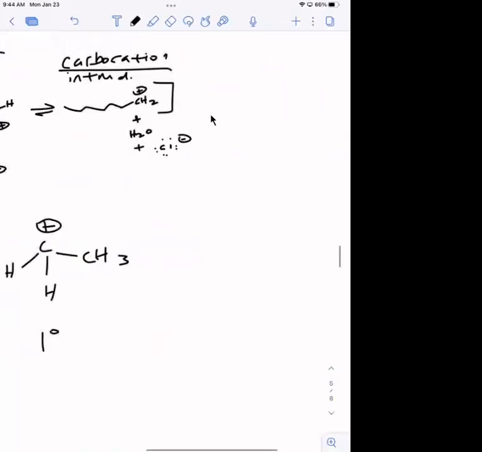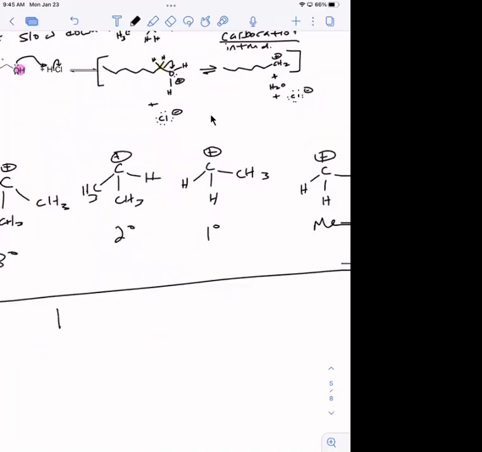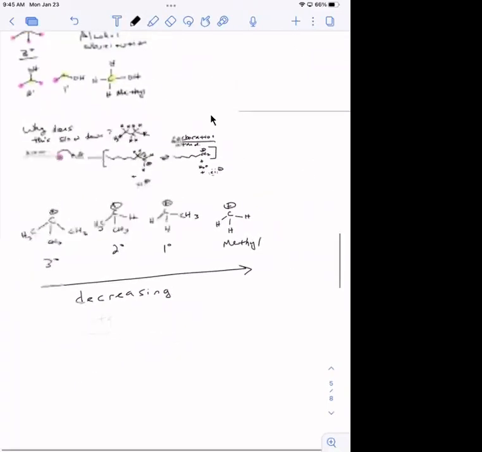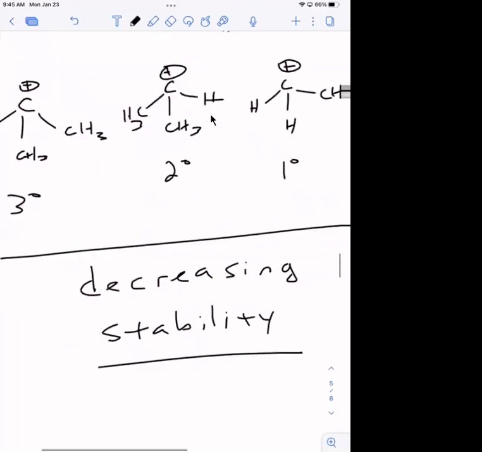And if I have only hydrogens attached to it, call that a methyl carbocation. Right, so all of these carbocations are possible, but they're not all equally stable. The tertiary is the most stable, and then the methyl is the least.